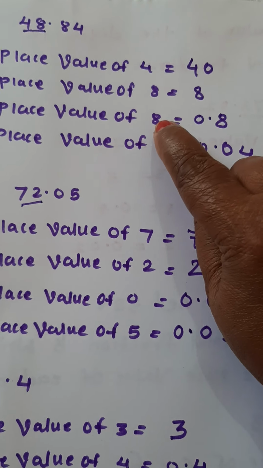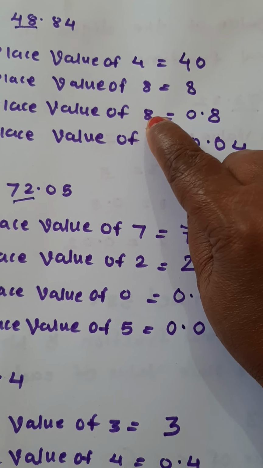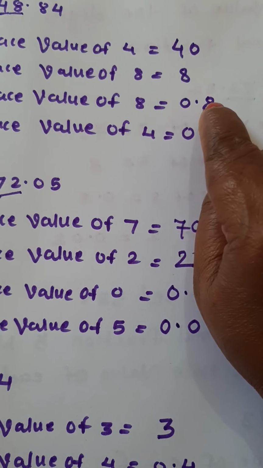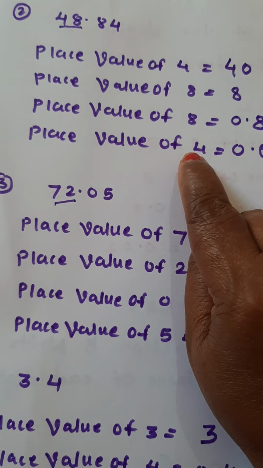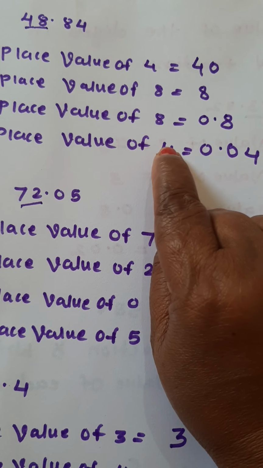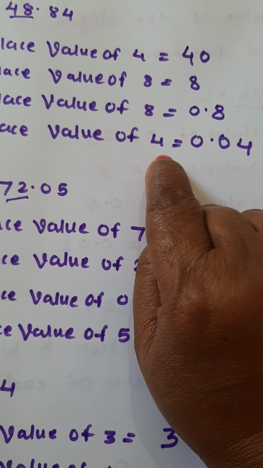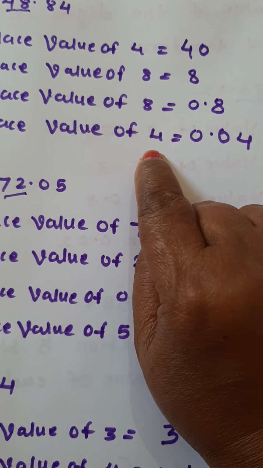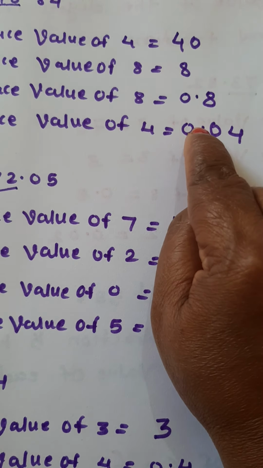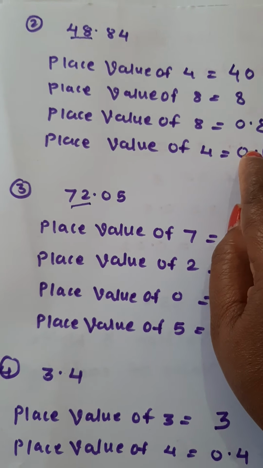After point first digit 8 means 8 upon 10. Upon 10 means point after one digit. So its place value is 0.8. As this 4 is present second time after the decimal point, means 4 upon 100. So point will come after 2 digits, so 0.04. See, 1, 2, after 2 digits point is here.